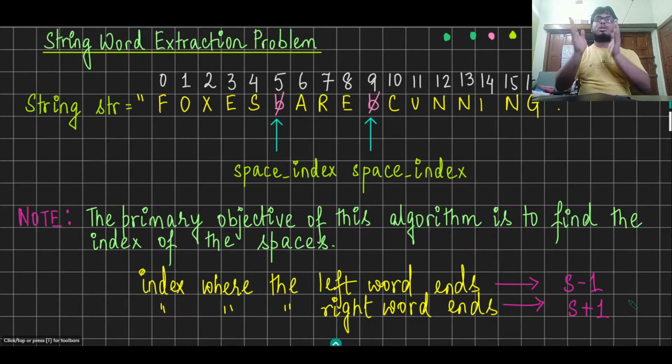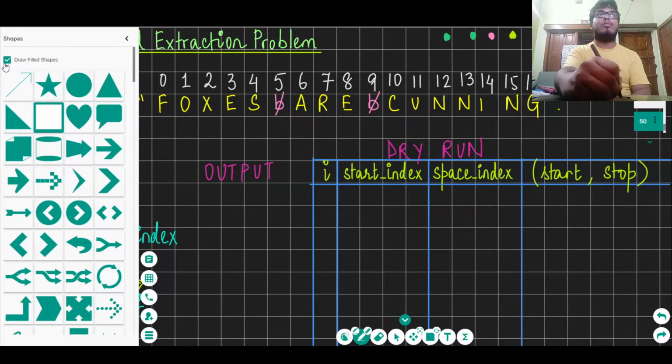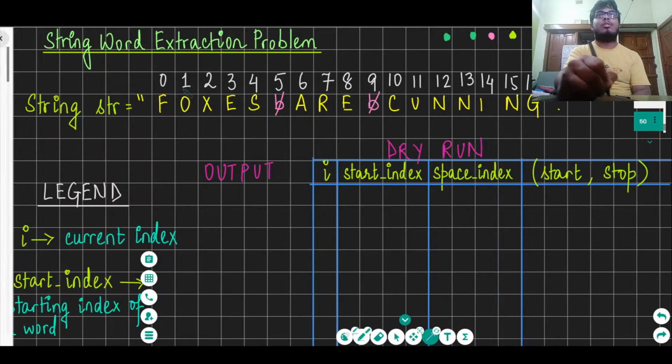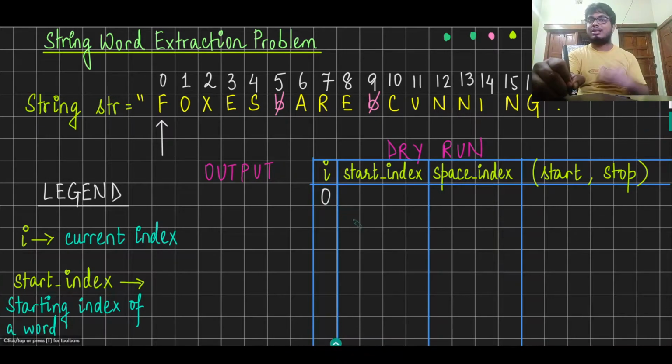All right. So here in our trace table, we have a few variables: i, start index, space index. Now, what does i refer to? i refers to the current position. Whenever we are extracting words, we always start extraction from the first letter, isn't it? Therefore, the index from where the extraction starts is 0, and i would have a value of 0 at the very beginning.